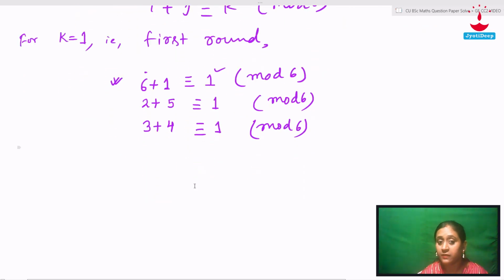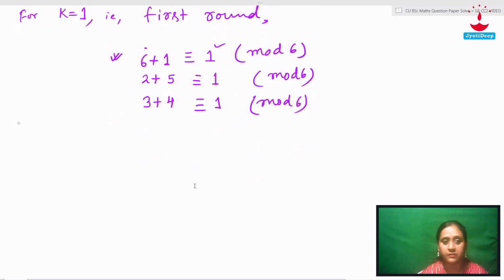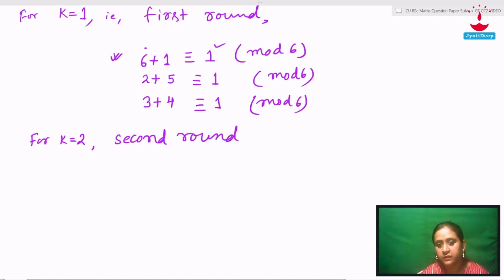So now we have to check what the schedule will be for the second round. For k is equal to 2, that means the second round, it will be congruent to 2 under mod 6. Okay, so choose the teams. We can take 1 plus 1.